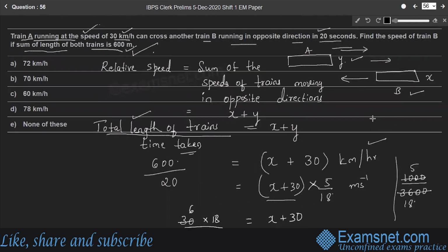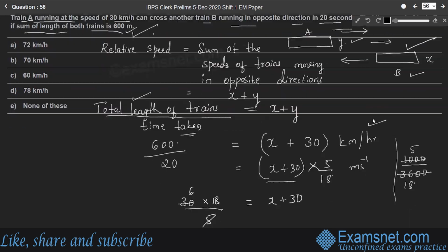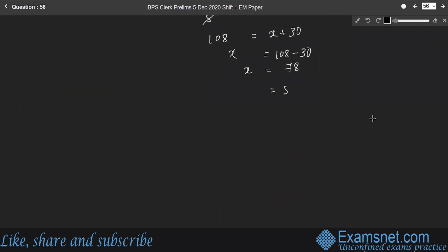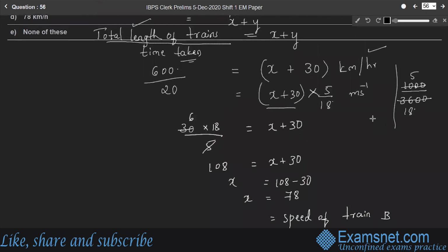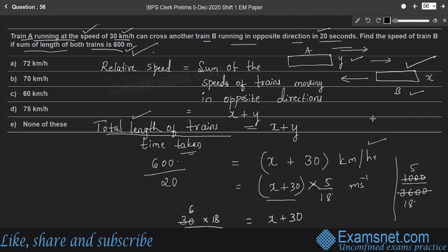The speed of train B, which is 78 kilometer per hour. So what is the answer? Option D is the right answer.